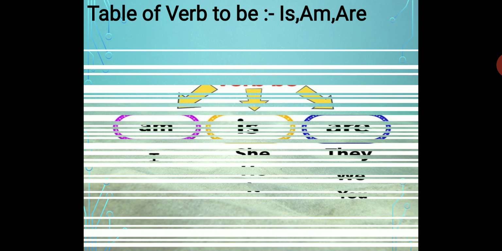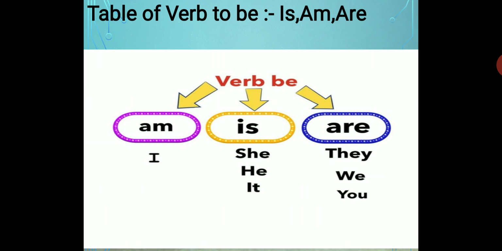Let's see. Is, am, are are called the verbs to be. Am is always used with only I. Is is used for he, she and it. It is the singular form of the pronoun.